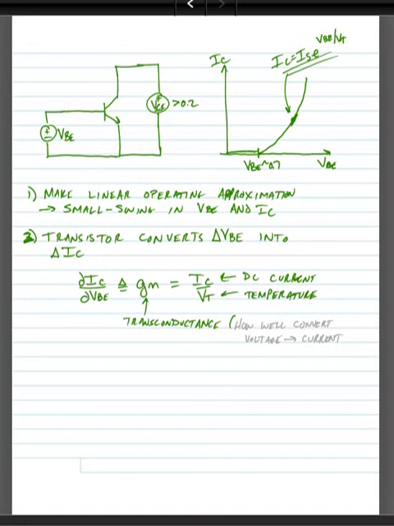So recall our transconductance is how well we convert voltage to current. So our transistor is always converting a voltage to a current, and what we need is an output resistance to convert the current flowing through a resistor back to a voltage.